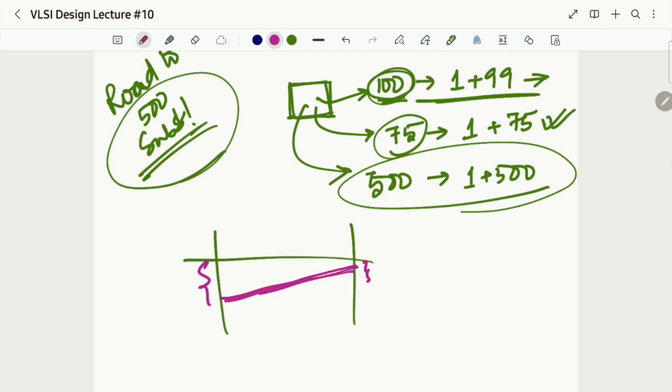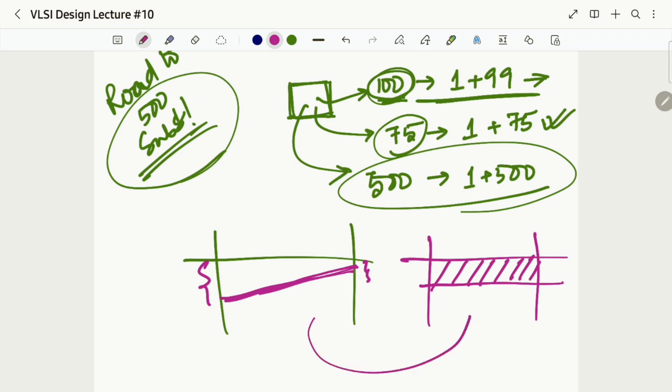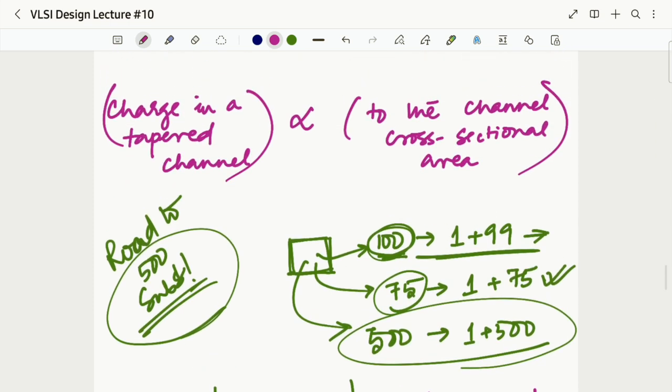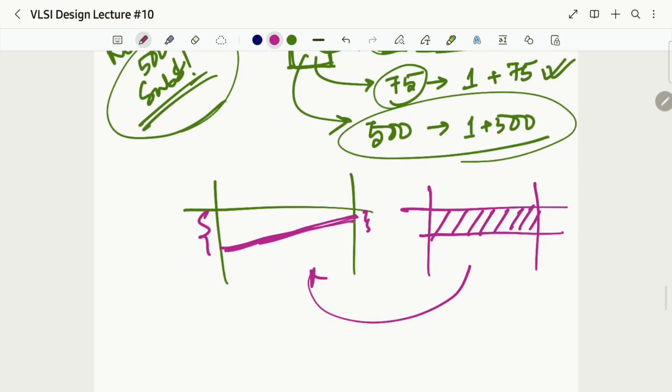This was our tapered channel. So the amount of charge it could have occupied earlier will be more than this. So the charge in a tapered channel is directly proportional to the channel cross sectional area.